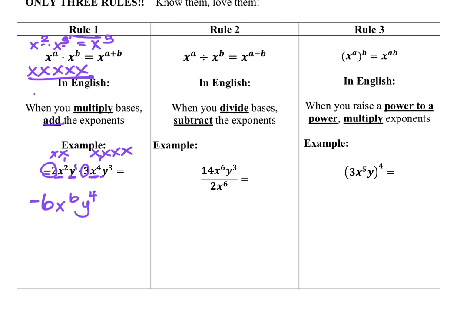Now, you may be asking yourself, why are you doing it one by one? Shouldn't you just have the answer and multiply them all together? Yes. And that's what we're doing. We're just doing it slower. Okay? So technically, I multiplied this whole thing together, this one times this one, all at the same time.